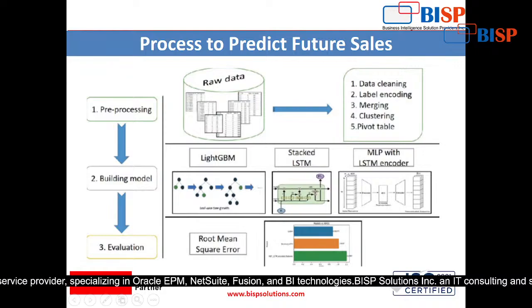Then LightGBM, then the stacked LSTM, and then the MLP with LSTM encoder. Then root mean square error. So these are the three techniques, with the help of which, whatever output comes, root mean square error is also defined. Now see here, pre-processing, building model, and evaluation. These are the three main activities that we are going to do.